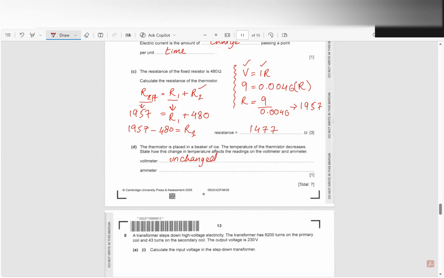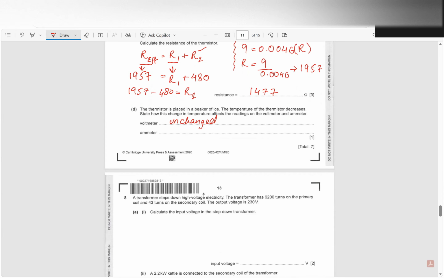And it is a series combination of resistors, so all the charges are going to pass through each component. However, when resistance is more, the time taken is more. So the current is going to reduce. The ammeter reading is going to decrease.